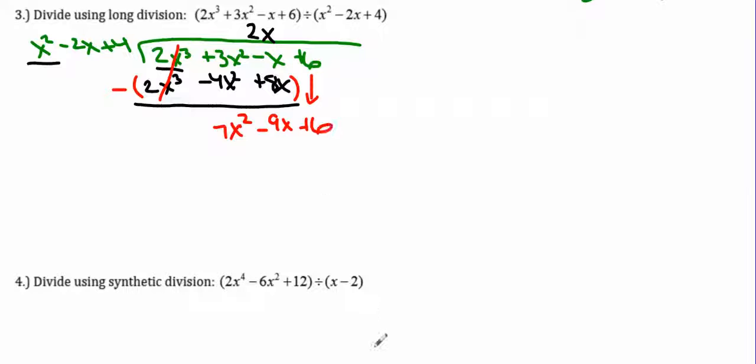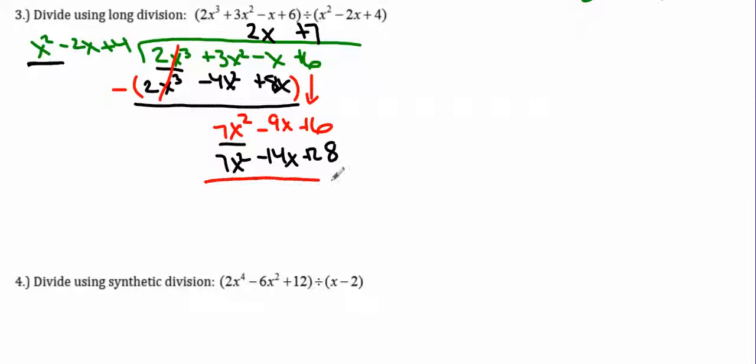After you've done that, you start the process all over again by dividing your first terms. 7x squared divided by x squared is 7. Then I'm going to multiply. 7 times x squared is 7x squared. 7 times negative 2x is negative 14x. And then 7 times 4 is 28.